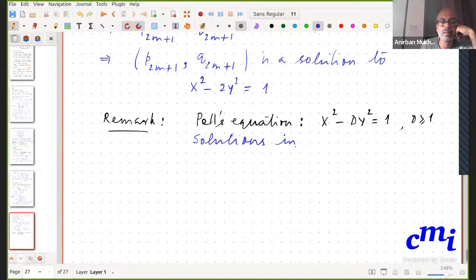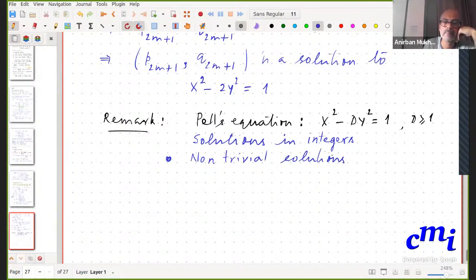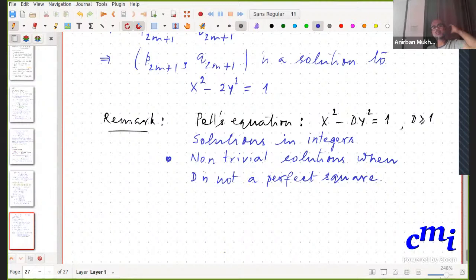So we look for non-trivial solutions when D is not a perfect square. In fact, you can also assume D to be completely square free.